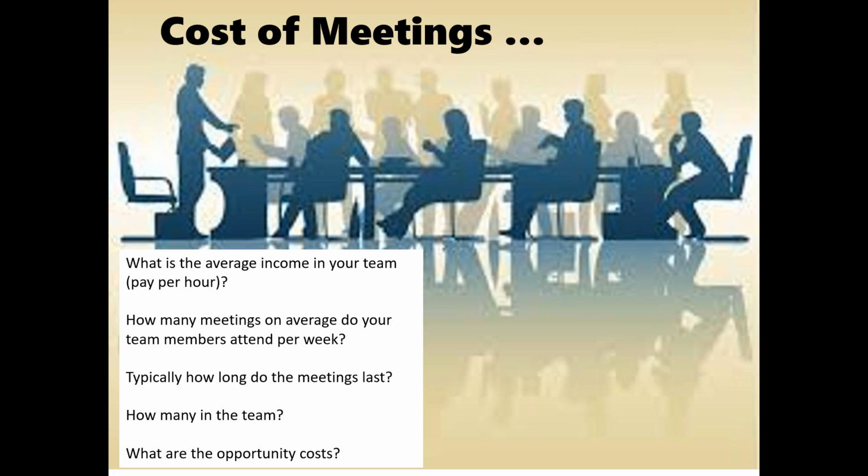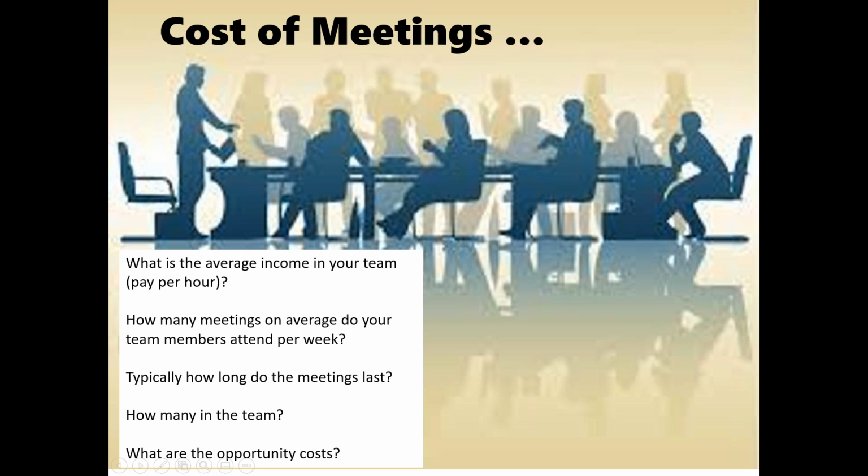Obviously, 1 hour invested in the meeting itself, but the other hour is what accountants will call an opportunity cost. This is because you're in that meeting for an hour, you can't attend to something else, or at least not give it your full attention. So it's really 2 hours every time you meet. So that's important when you calculate the cost of meetings with your team.